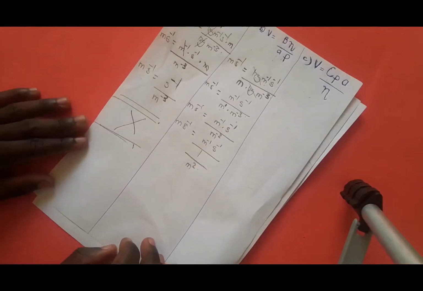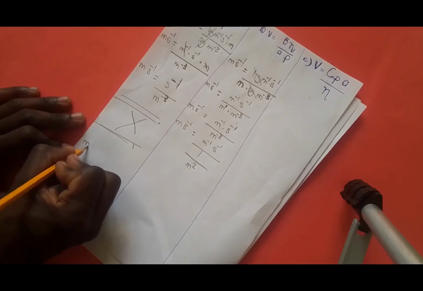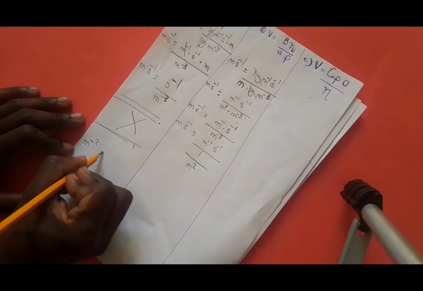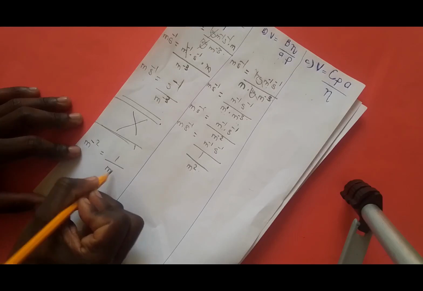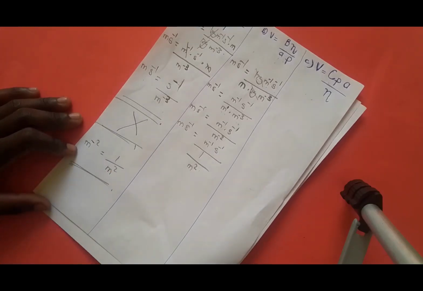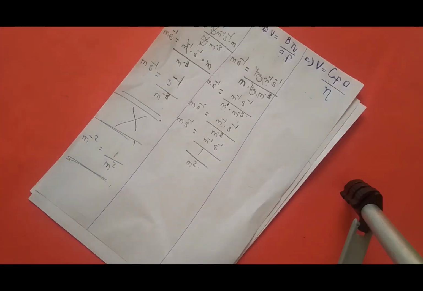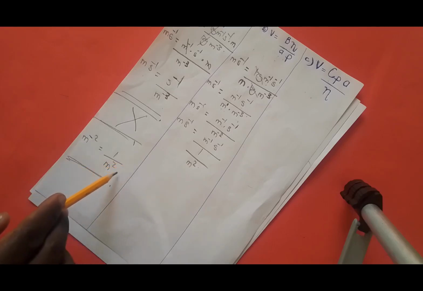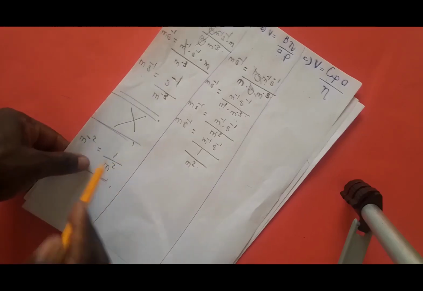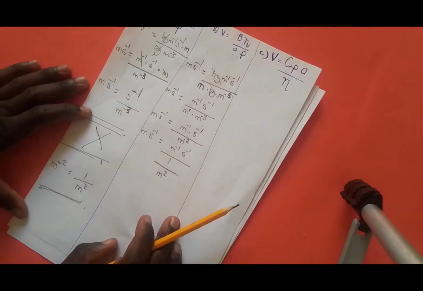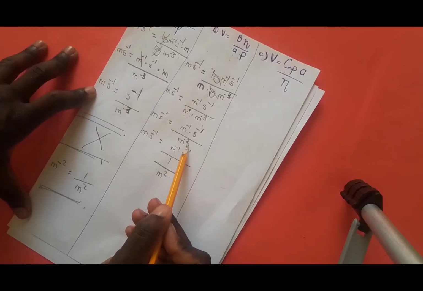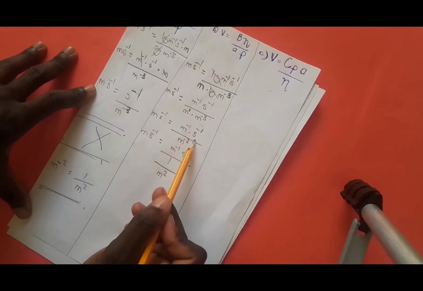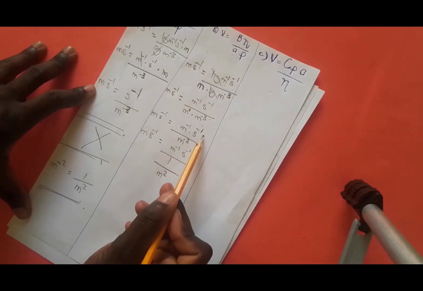So basically what I've done here is that m to the power negative 2 is just the same as 1 over m to the power 2, right? Okay, so if you're a physics student, you must be used to mathematics, right? So m to the power negative 2 is just the same as 1 over m squared, right? If you look in the expression we're simplifying, we had m to the power negative 2 in the denominator, right? And we have m to the power negative 1 s to the power negative 1 in the numerator.